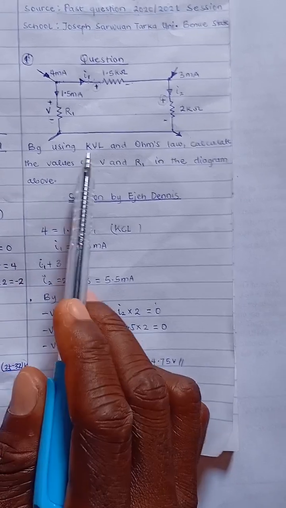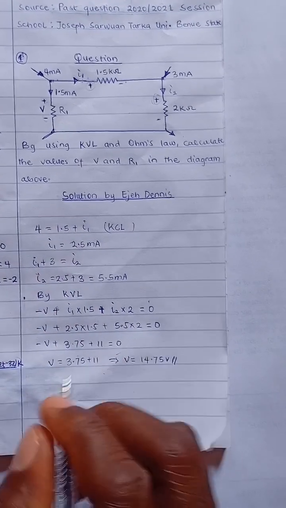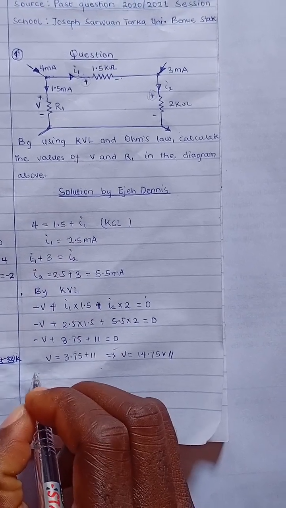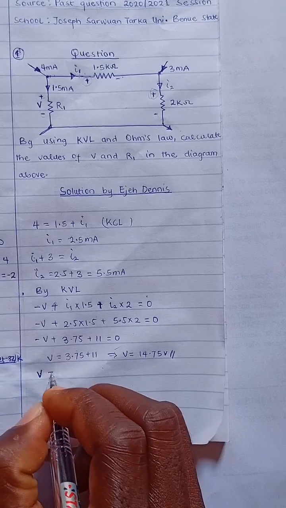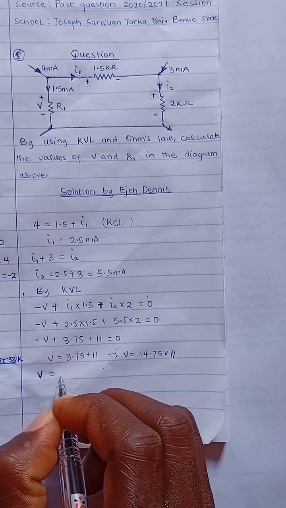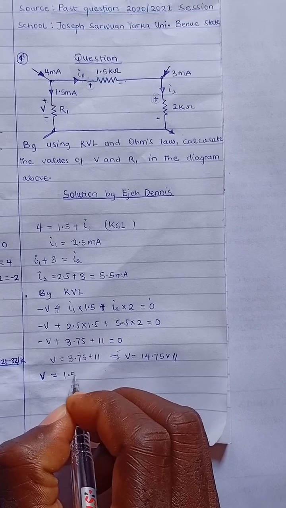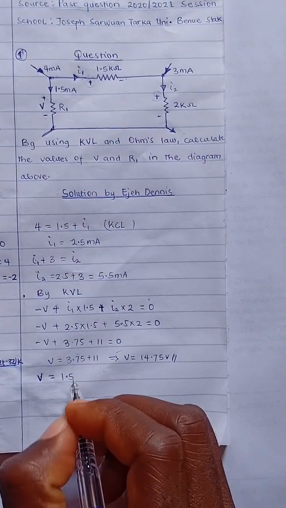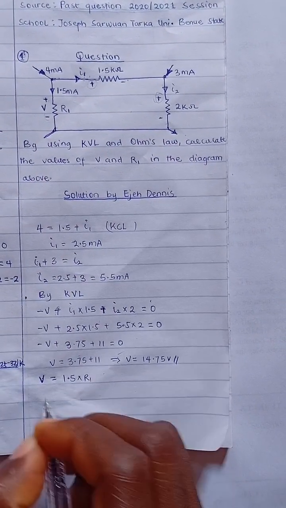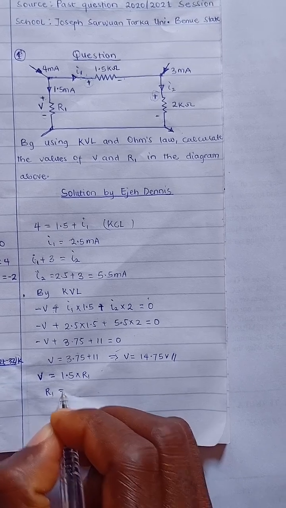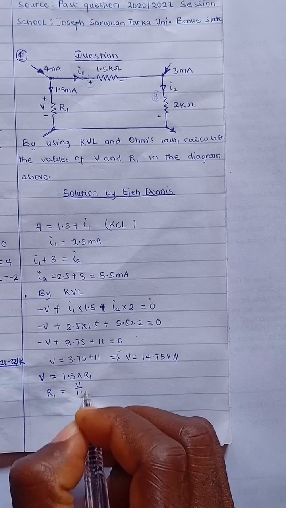We are asked to find V, and then the next is R1. We know that by Ohm's law, V is equal to the current passing through this resistor, which is 1.5, times R1. So that means R1 is equal to V divided by 1.5.